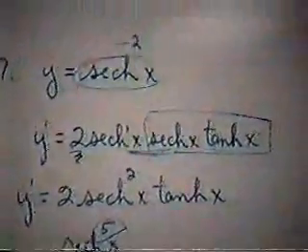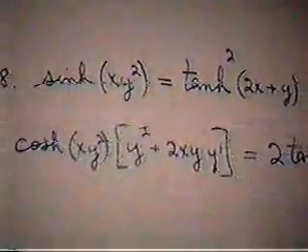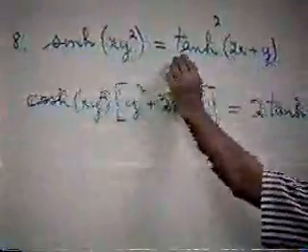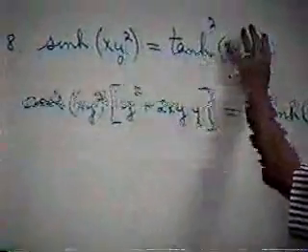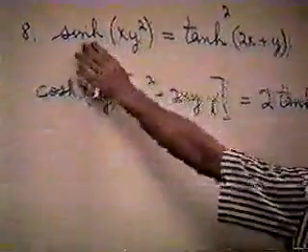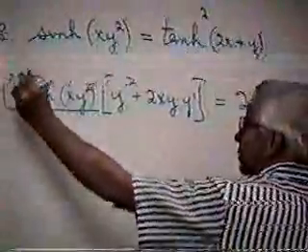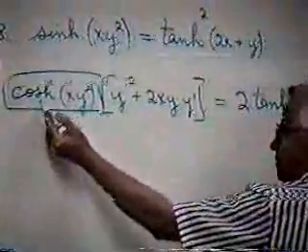Okay, let's look at the last example in the notes. This is what's called implicit differentiation. We have the hyperbolic sine of some object equal to hyperbolic tangent squared of some object. So let's go over here. The derivative of hyperbolic sine is hyperbolic cosine of the object. There it is. The derivative of hyperbolic sine is hyperbolic cosine.